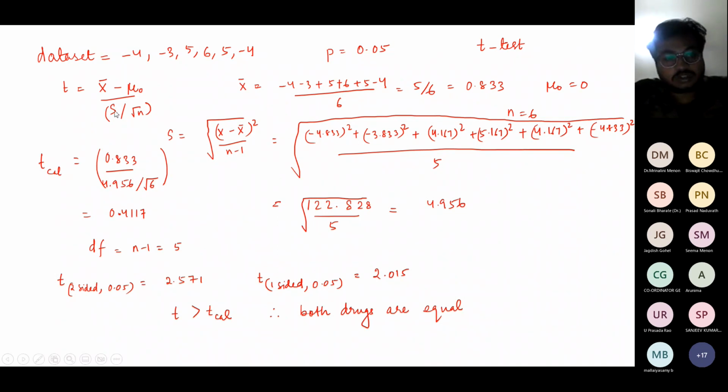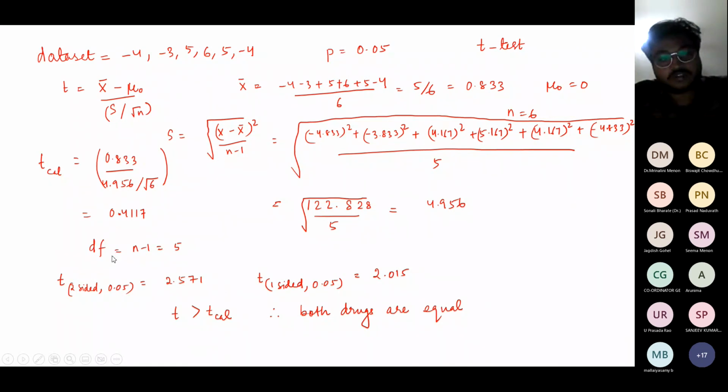So the standard deviation we need to calculate is given by the summation of (x minus x bar) squared, divided by n minus 1, whole root, which comes out to be 4.956. Then we can put all these values into the formula to calculate the t value, which turns out to be 0.4117.